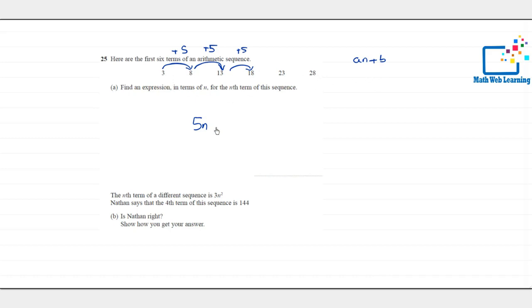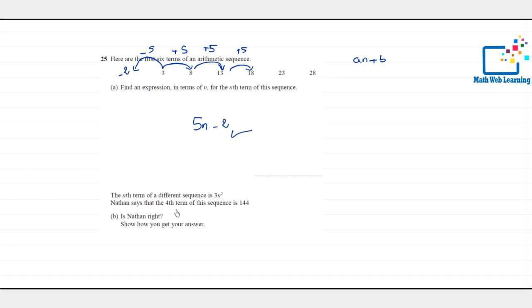So here's one trick you could use and it works all the time. Go back one step, so therefore you do minus 5. So you do 3 minus 5, that gives you minus 2. So the answer is going to be 5n minus 2. And that's how you do it.